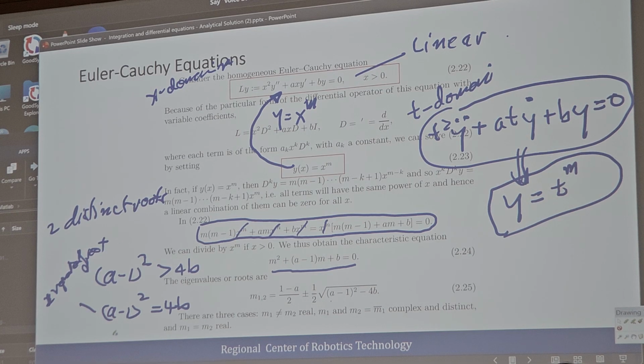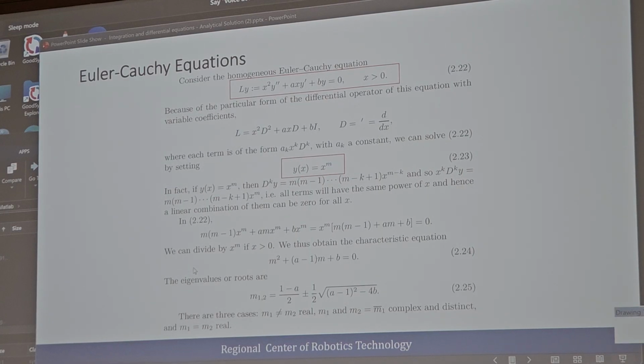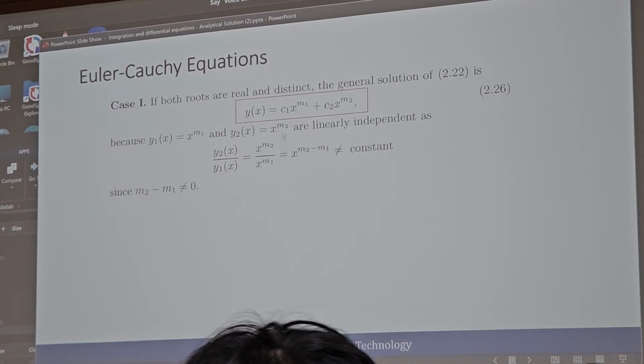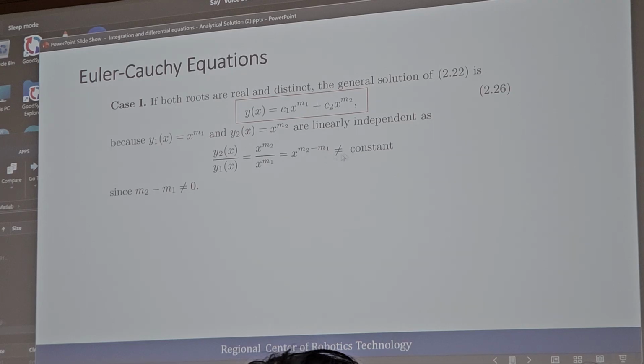If a minus 1 square is less than 4b, we have complex conjugate roots. So your solution will be C1 x to the m1 plus C2 x to the m2. If x to the m1 over x to the m2 is not constant, it means they are independent, similar to the previous one.